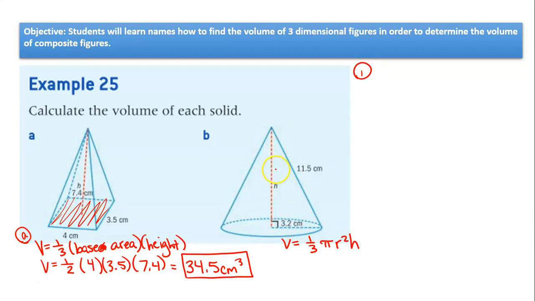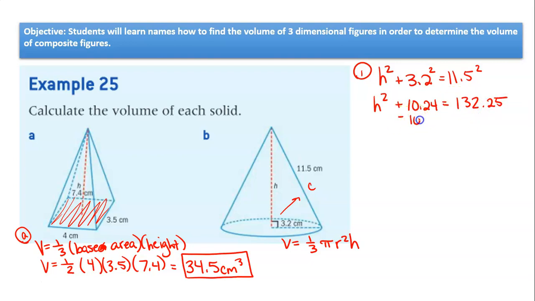We have a right triangle where we know 2 of the sides and need to find the 3rd side, so we can just use the Pythagorean theorem. Remember, your c side is always the hypotenuse, so h squared plus 3.2 squared equals 11.5 squared. 3.2 squared gives us 10.24. 11.5 squared gives me 132.25.